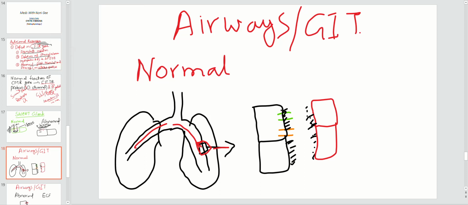Normally, chloride is secreted into the lumen. This is your CFTR channel, which is a chloride channel.